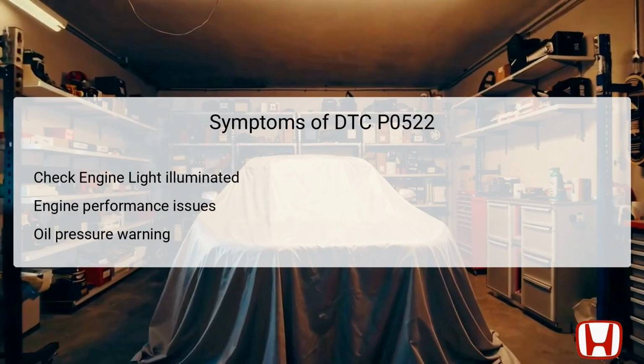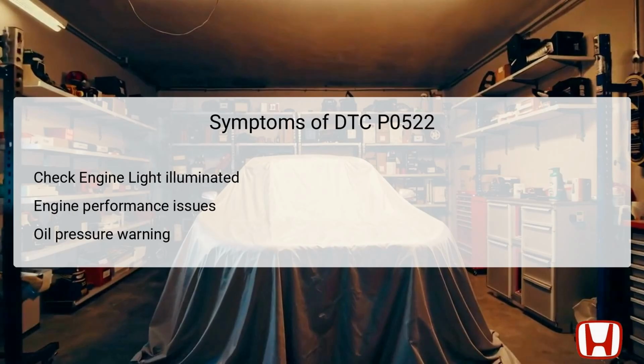The symptoms associated with DTC P0522 can vary, but often begin with the illumination of the check engine light on the vehicle's dashboard. This warning signals to the driver that there may be an issue in the engine or its related systems.